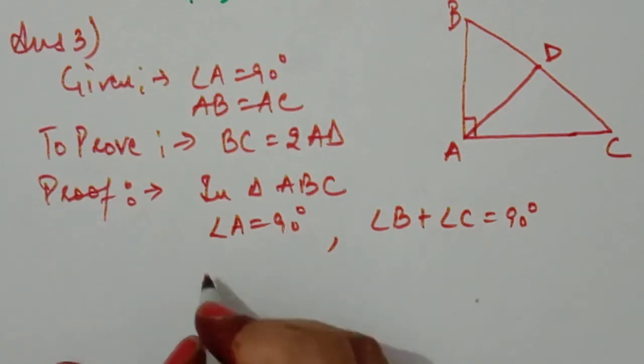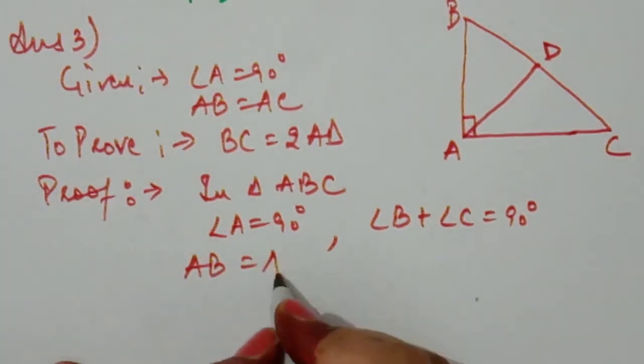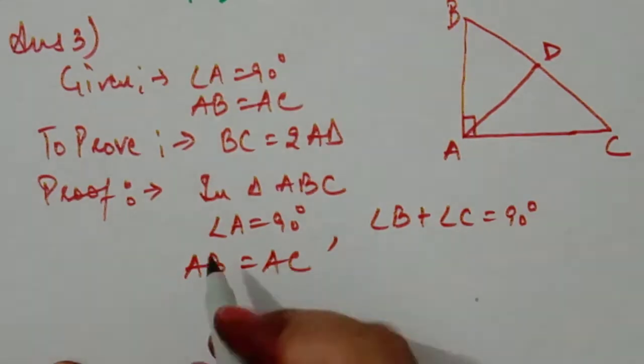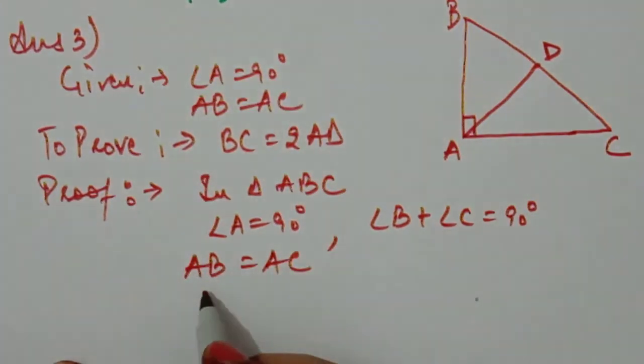But what is given to us? AB is equal to AC. So definitely the angles opposite to these sides are also equal.